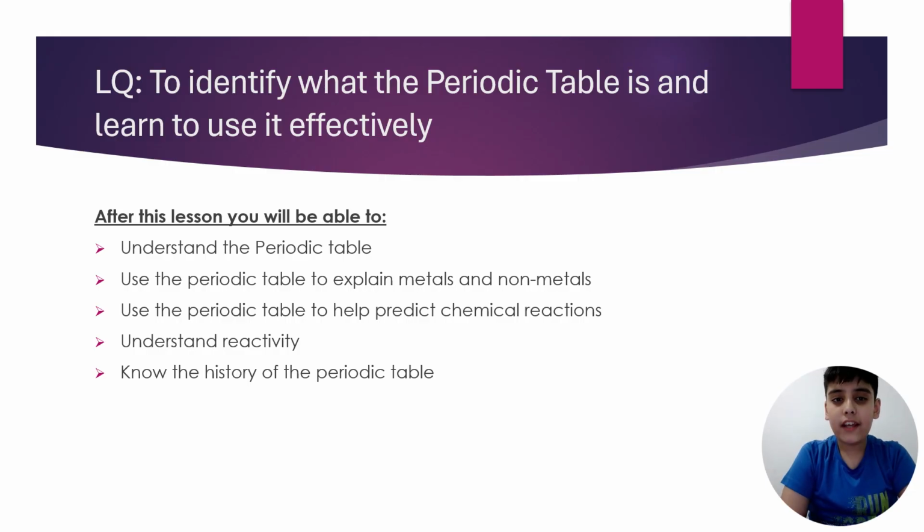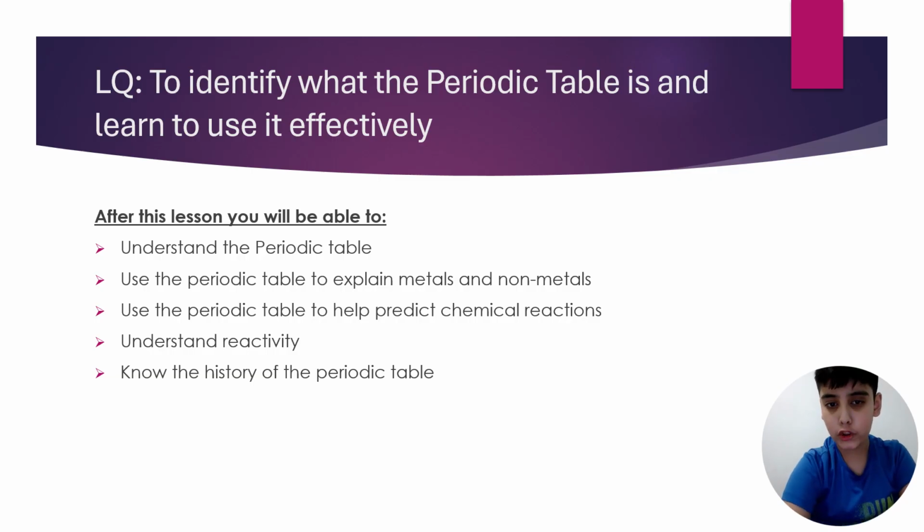So today we will be learning to identify what the periodic table is and learn to use it effectively. After this lesson, you will be able to understand the periodic table, use the periodic table to explain metals and non-metals, use the periodic table to help predict chemical reactions, understand reactivity, and know the history of the periodic table.